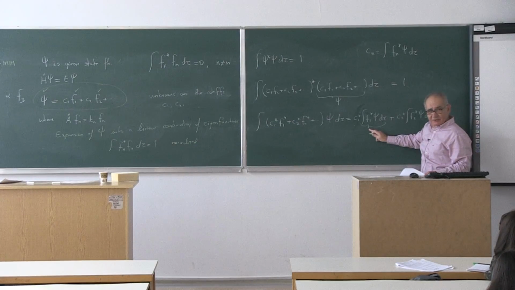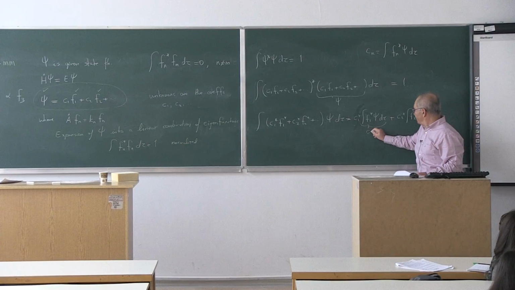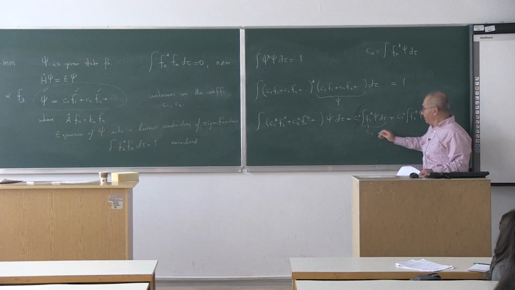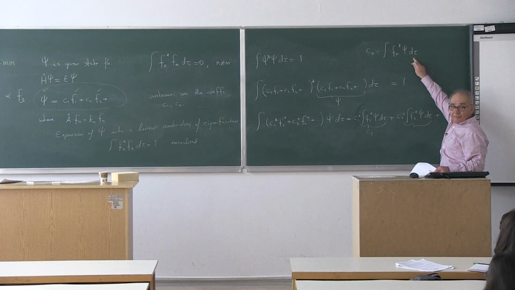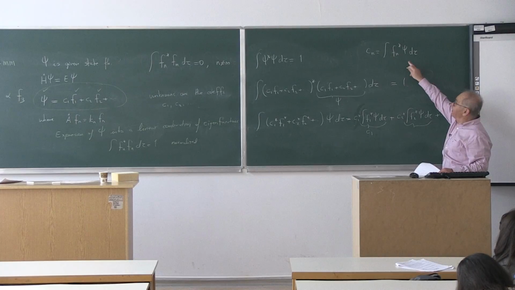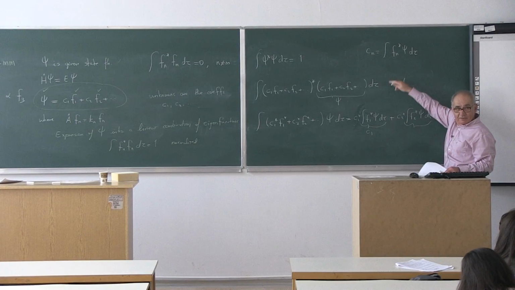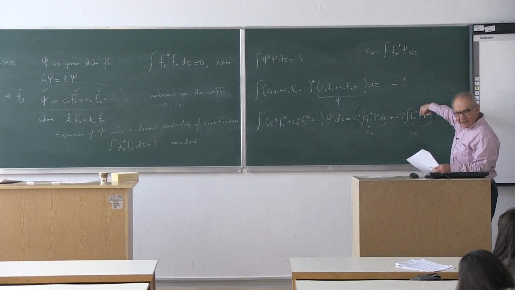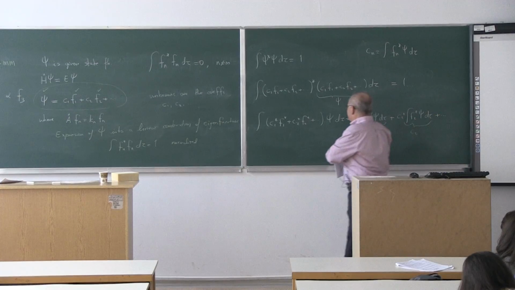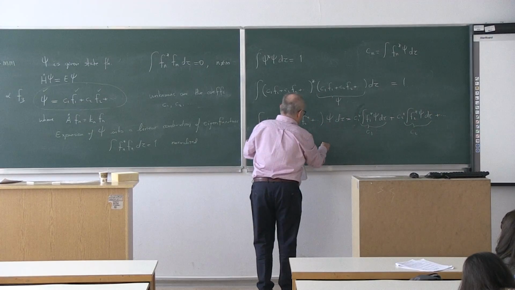Which coefficient is this? C1, right? The value of this integral is again similar to this expression, which is the value of the coefficient. So this is C2. The same expression is true for all the infinitely many integrals. So as a result, what do we have?